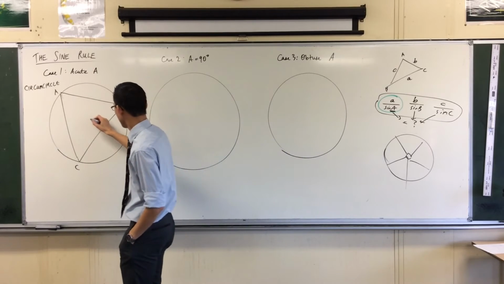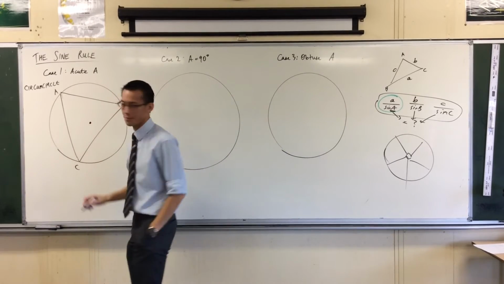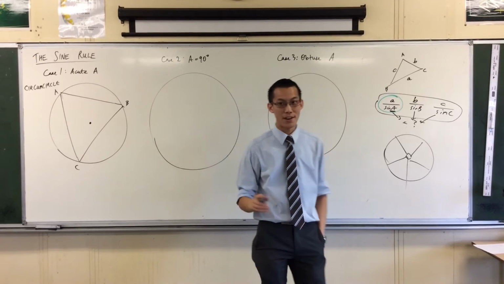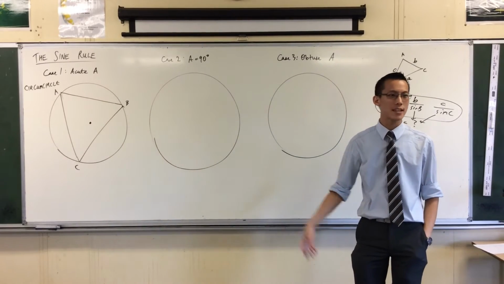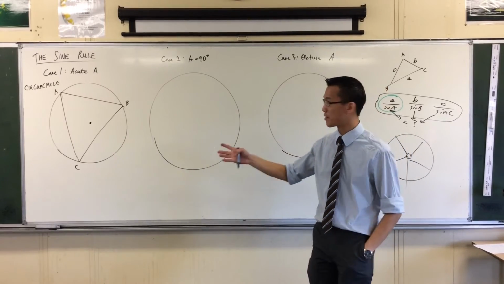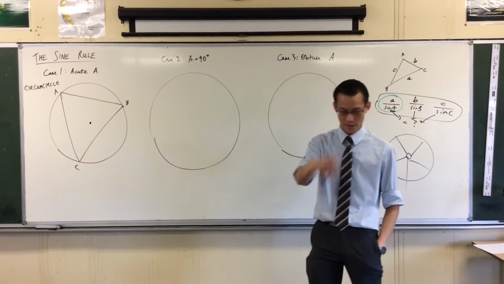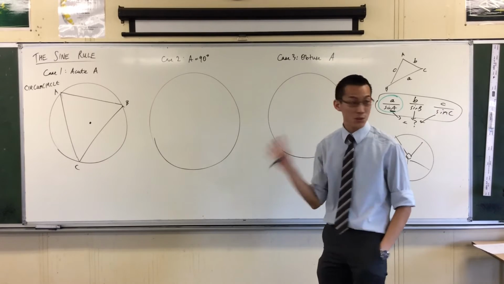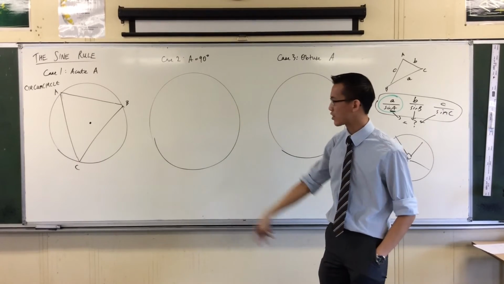So I could draw the center about there. So the center of the circumcircle is inside the triangle. I'm going to use this to show what this a on sine A, and therefore b on sine B and so on, is actually equal to.